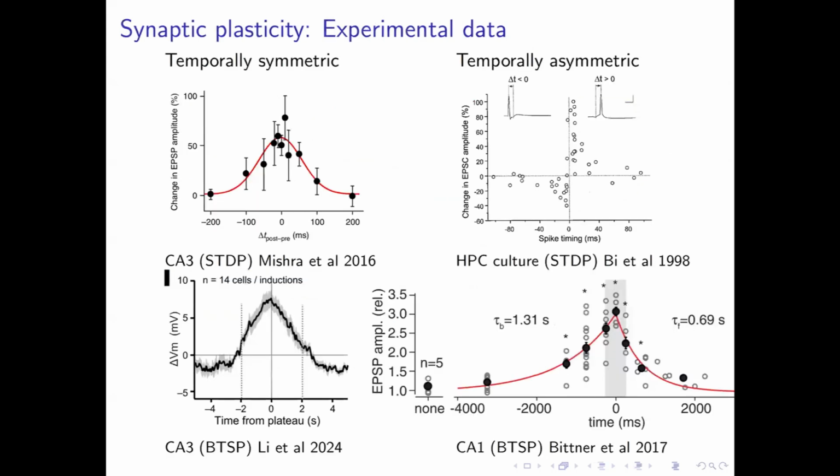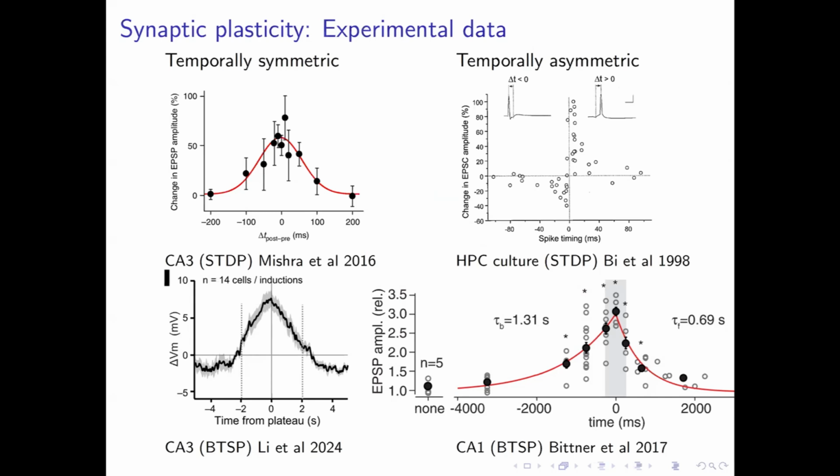And so, of course, we know a lot now about synaptic plasticity. There have been decades of research characterizing the phenomenology of plasticity, mostly in vitro, but now increasingly also in vivo. And in particular, it's been shown that the activity of pre- and postsynaptic neurons can modify synaptic strength in specific ways.